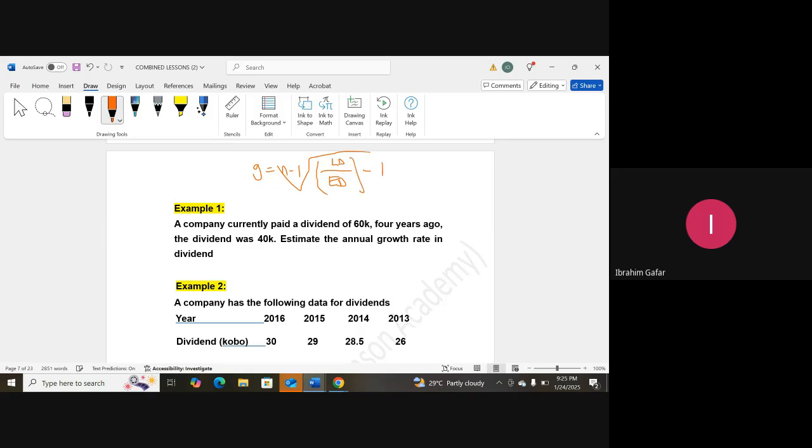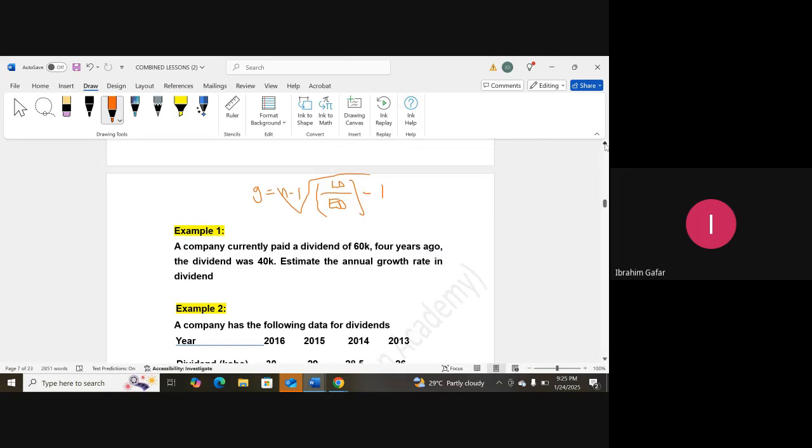So from this formula, LD means latest dividend and ED means earliest dividend. From the information given, what is your latest dividend? The latest dividend is 60 kobo. God bless you. Because latest means current.